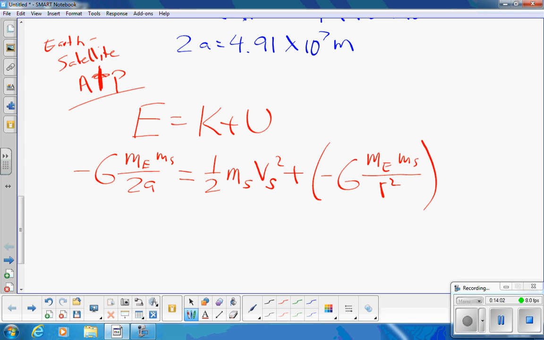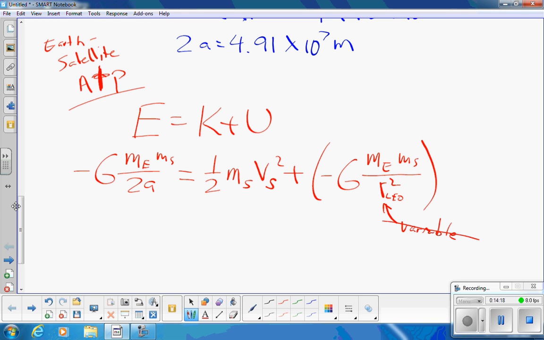This is a variable during the elliptical orbit, but it has a value at this one particular time, which is the radius of the low Earth orbit.